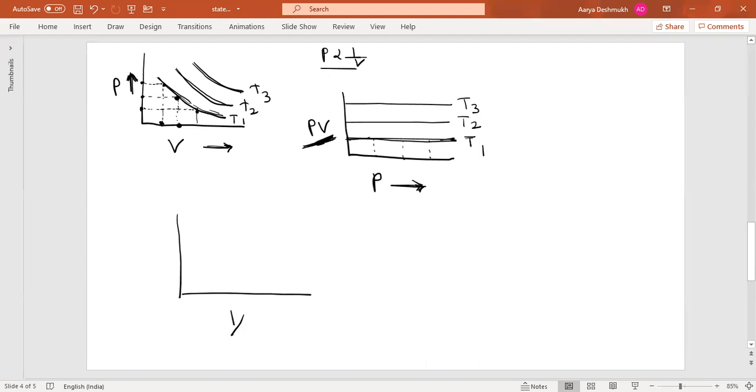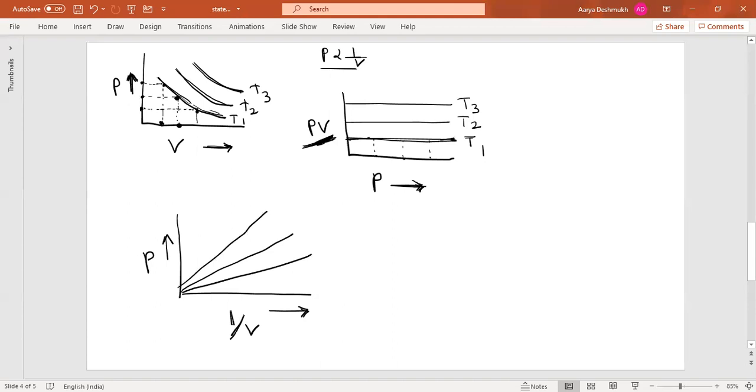That is, inverse of volume is plotted here on the x-axis. Reciprocal of volume, if you take, then pressure on the y-axis. So at different temperatures, you will get such type of graphs.